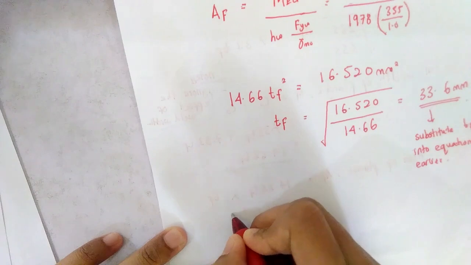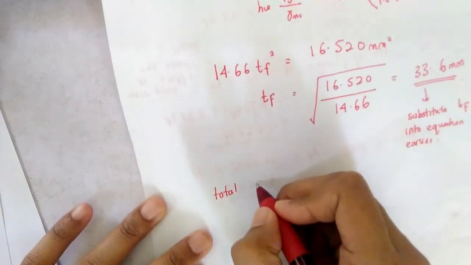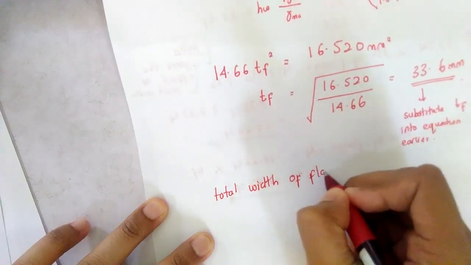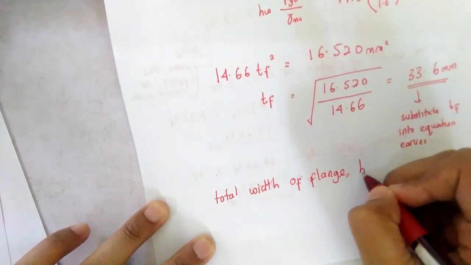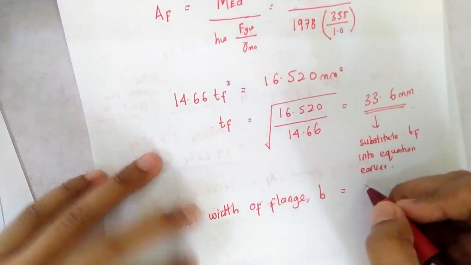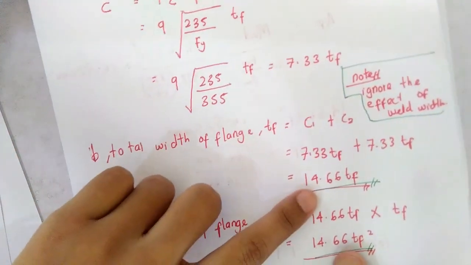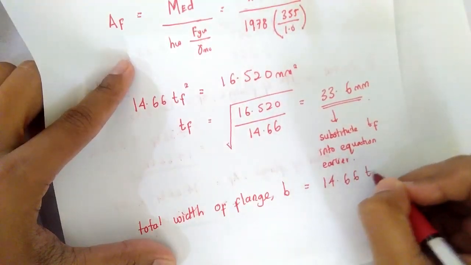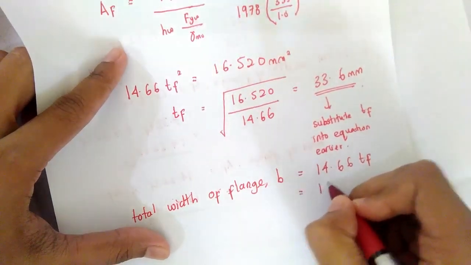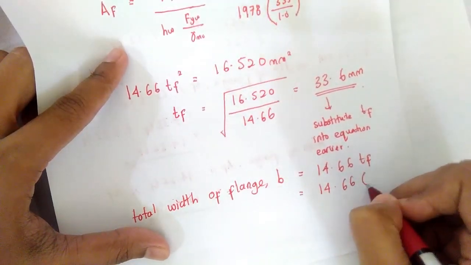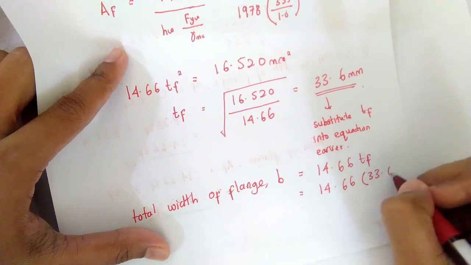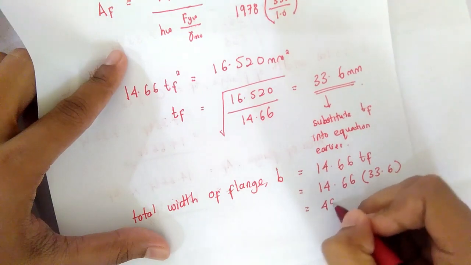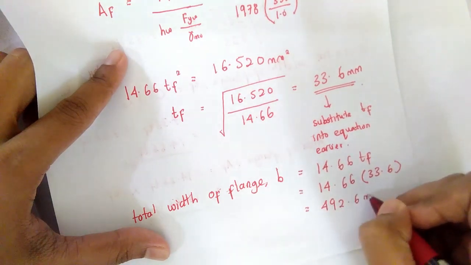So now your total width of flange B is equivalent to 14.66 times 33.6, which means you will get 492.6 mm.